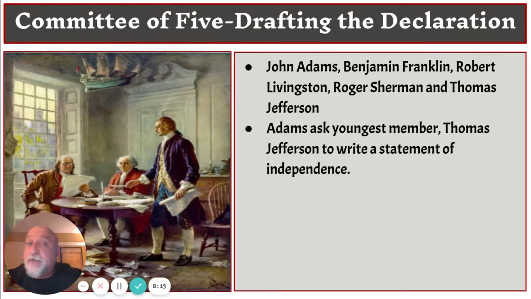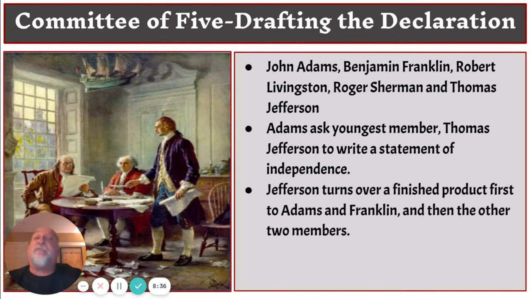of Independence should be. He takes a finished copy, he gives it to Franklin and to Adams first. They make some changes, especially about slavery, and some minor wording here and there, but nothing major. And then finally, Livingston and Sherman come in and they kind of rubber stamp it and say, yep, that's good to go.